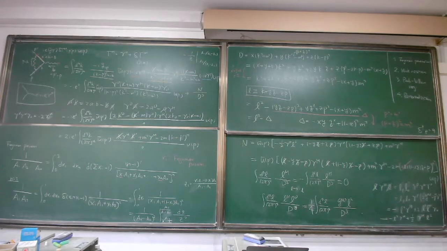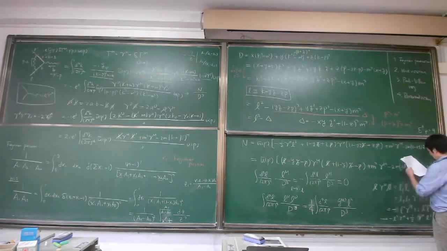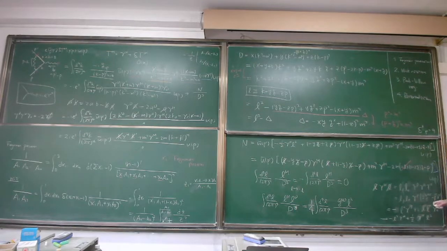What's left is this one, so we just ignore this term. Therefore, what we have is minus 2m, 1 minus 2y, q minus p. Okay, so that's the numerator.